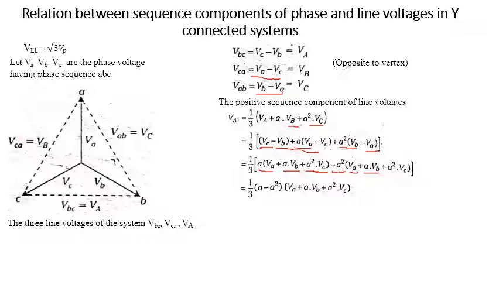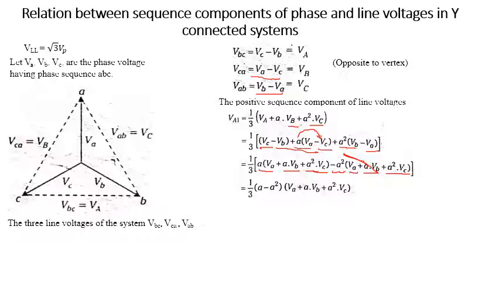A cube is nothing but 1, so A into VB. Similarly for VC, this is nothing but A into VC. Already there is A square, so multiplying by A square gives A cube... so that is nothing but A into VC.